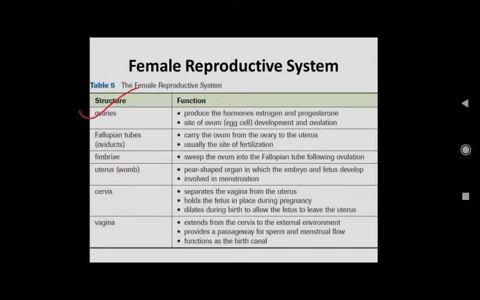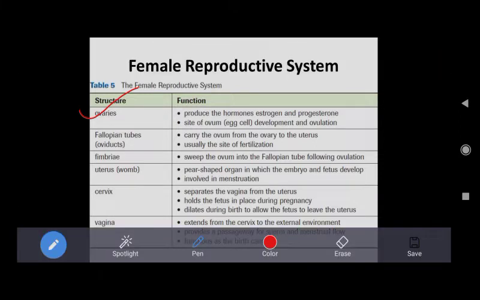Your next part is the fallopian tube. The fallopian tube or the oviduct carries the ovum from the ovary to the uterus, and the main function is the site of fertilization. Students, what do we mean by fertilization? You must have this idea.